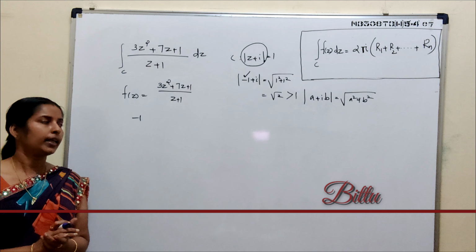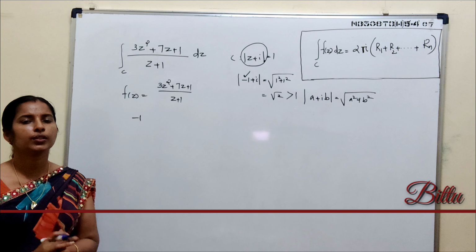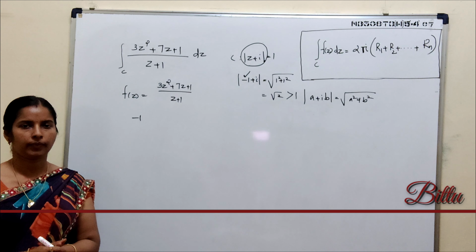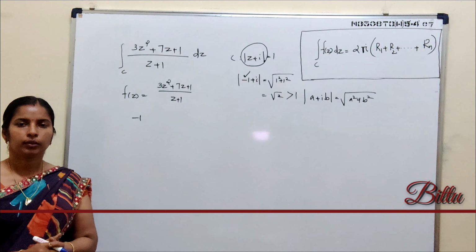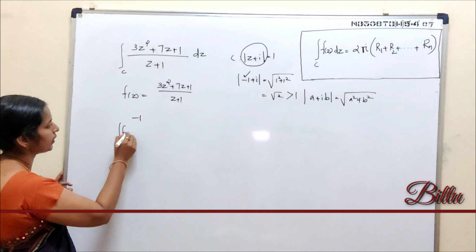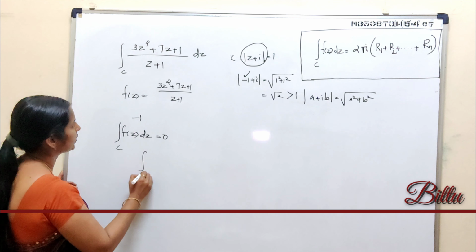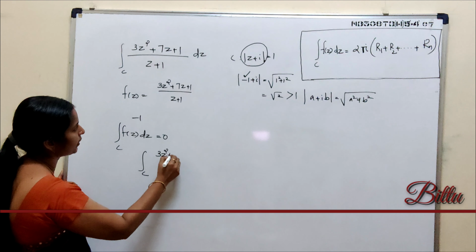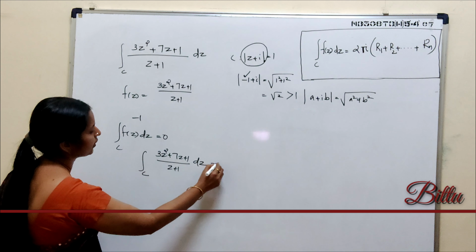Clearly this function has one singularity and it lies outside of C. That means there is no singular point within C. In such a situation, you can apply Cauchy's theorem. So by Cauchy's theorem, the integral over C of f(z) dz is equal to 0. So the integral over C of (3z square plus 7z plus 1) by (z plus 1) dz is 0.